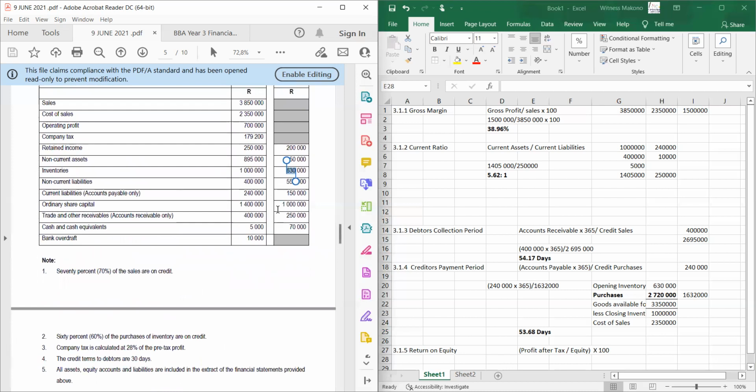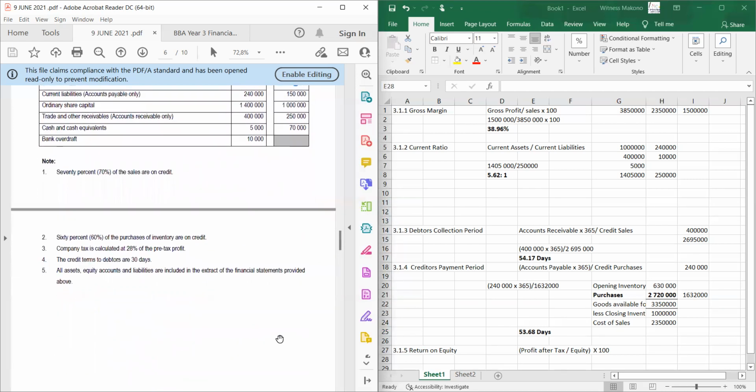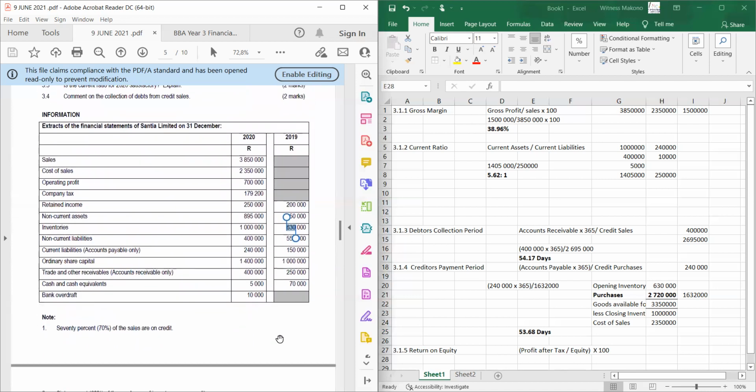Do we have interest here? Let me see. Non-current liabilities. Yes, they say all assets, equity and liabilities are included in the extract. Okay, company tax. So let's look at operating profit. So we've got the operating profit there.